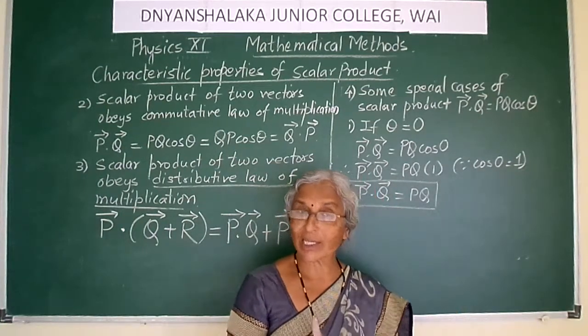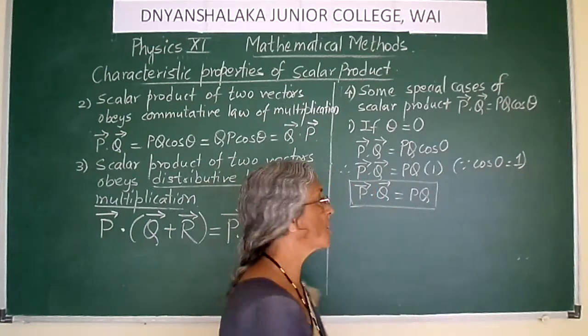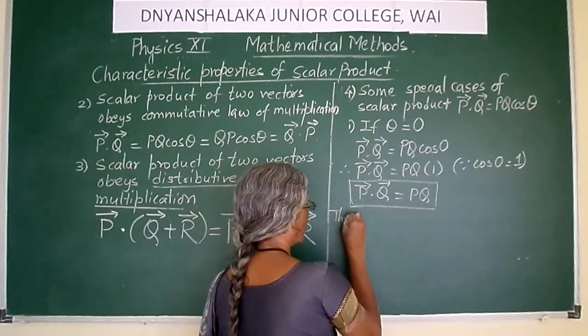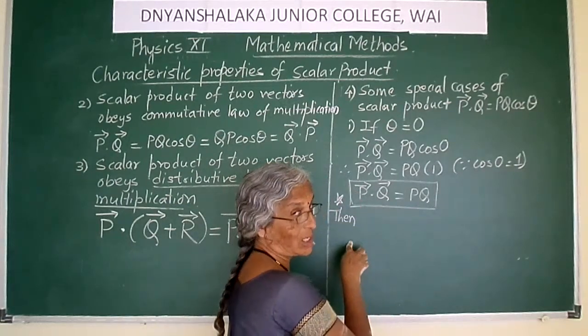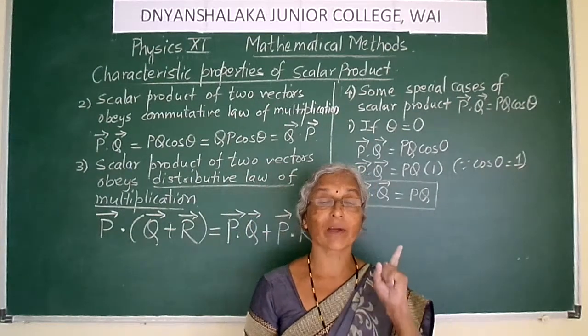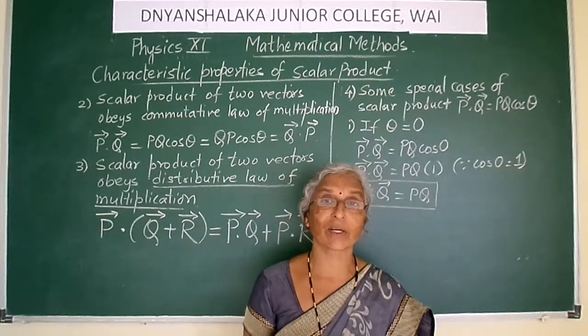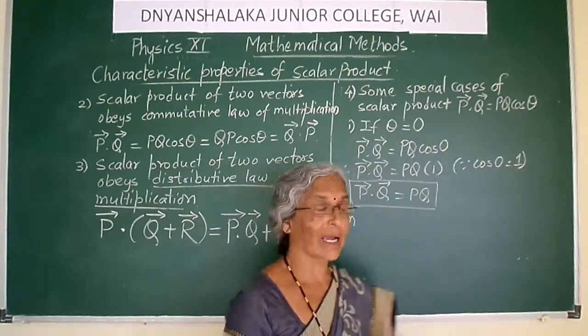Okay? If this is the condition, then this is very important, because we are always going to use this. Our rectangular unit vectors are very common: vector i along the x-axis, vector j along the y-axis, and vector k along the z-axis.